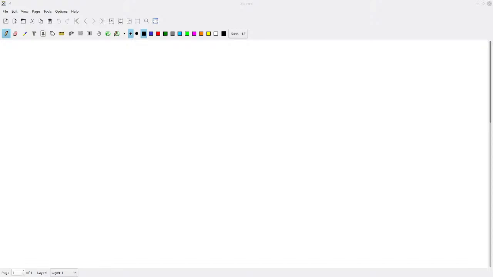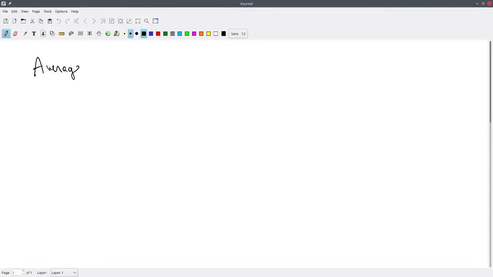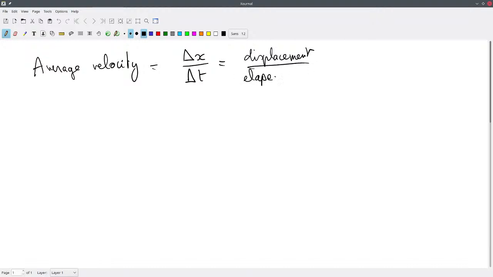I need to set my tablet to the right interface. Okay, this one and this one.